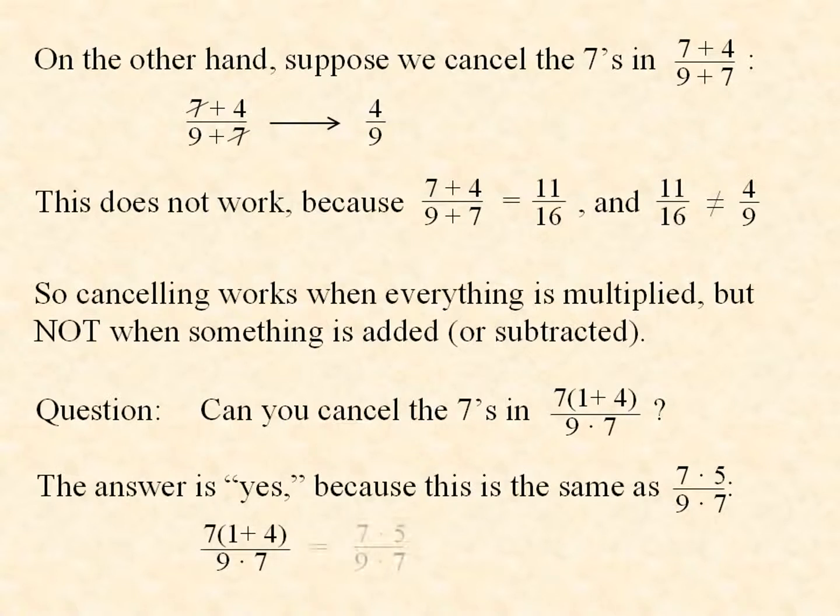And here it is in detail. It's equal to 7 times 5 over 9 times 7. Cancel the 7's, and we get 5/9. So in a case like this, we can cancel even though there is some addition, and the reason we can cancel is the addition is enclosed in parentheses.